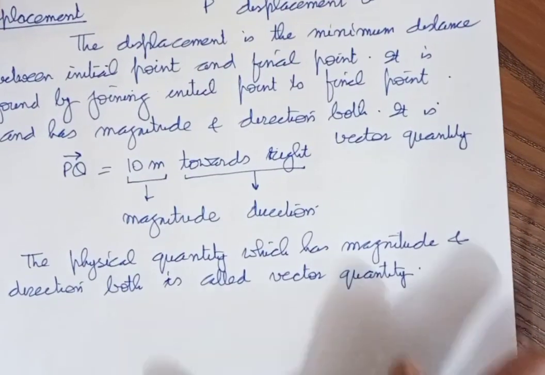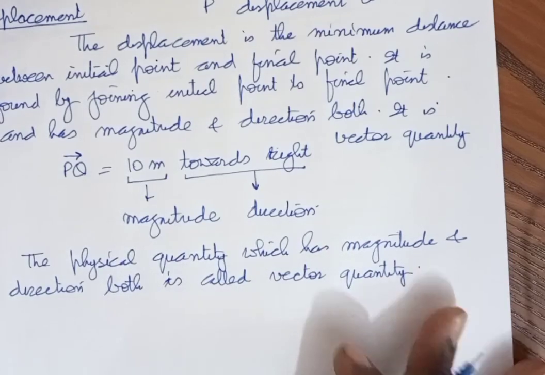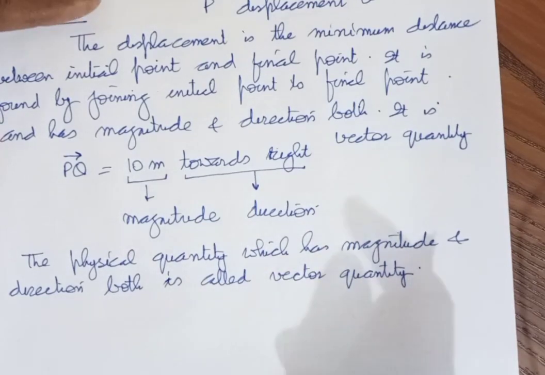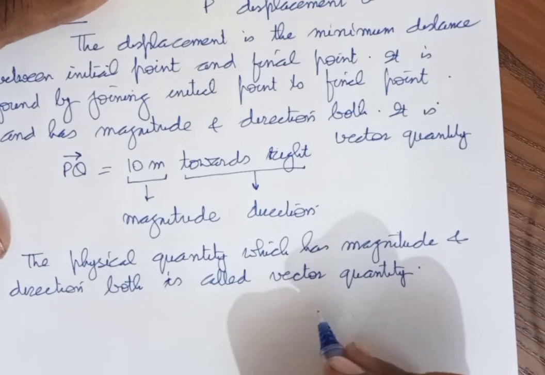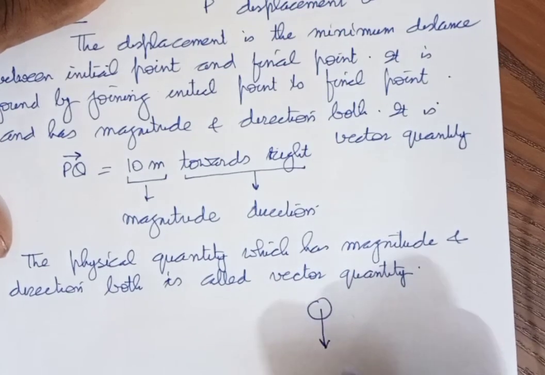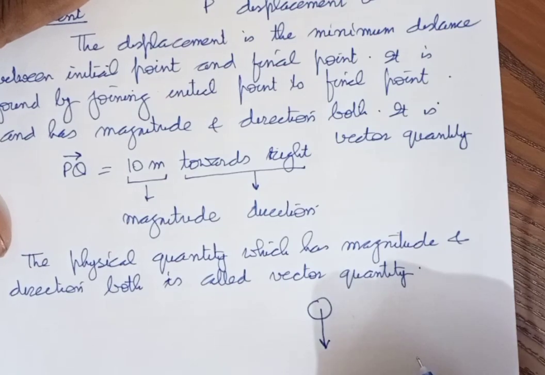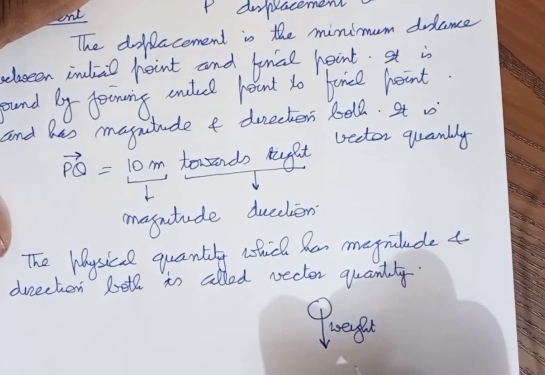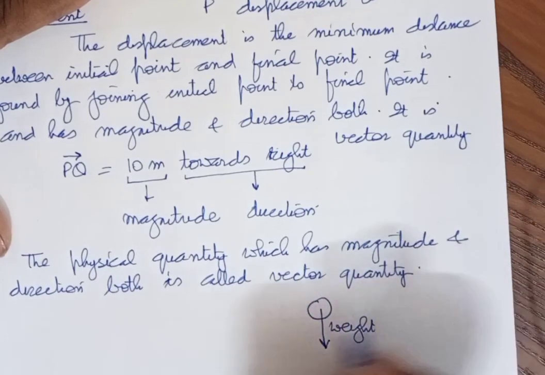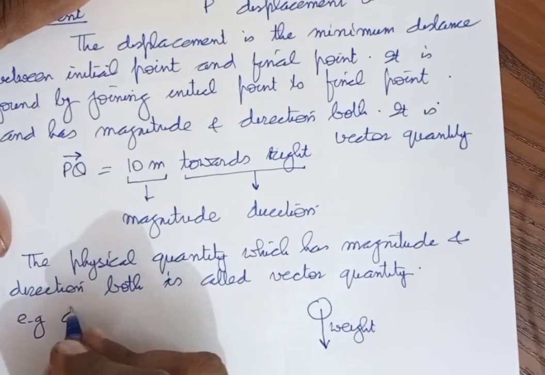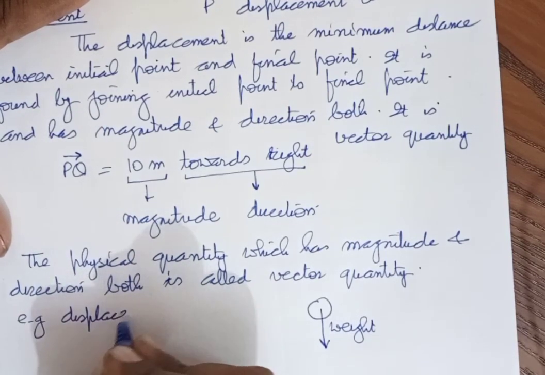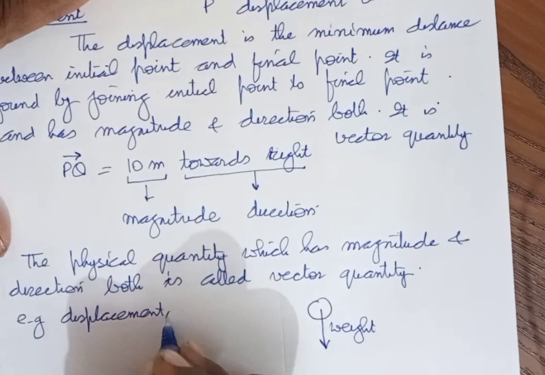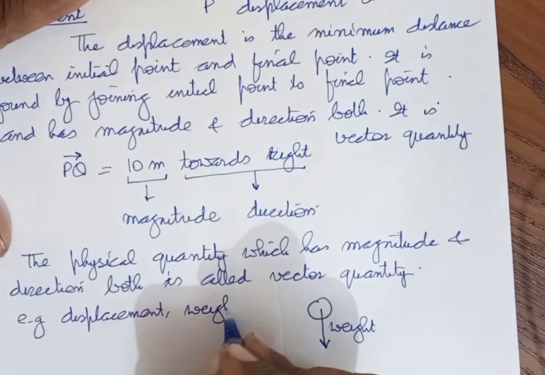So let us see what are the other vector quantities. Yes, something like some mass is there and the earth is pulling downward. So this is weight. Weight is a vector quantity because it has a direction, downward.